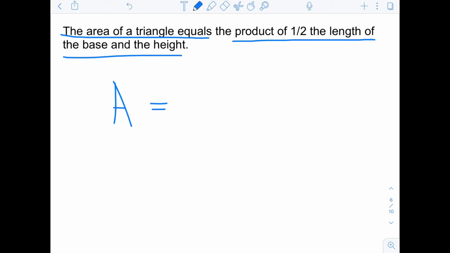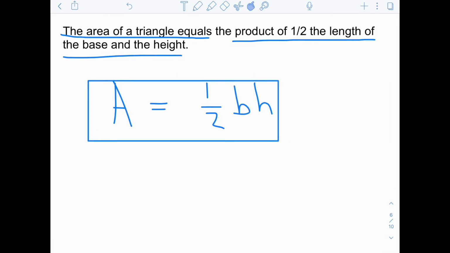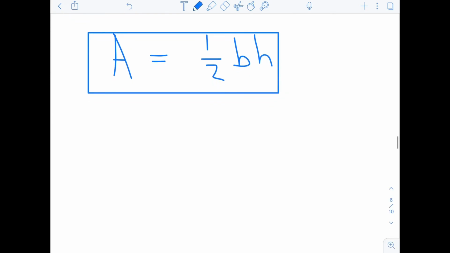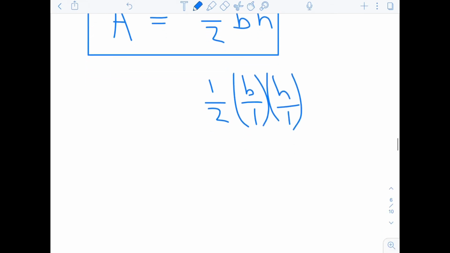Product means multiplication, so we're multiplying 1/2 by the base and the height. So BH. And that's it. You could also multiply the 1/2 out. You could write it as B over 1, H over 1, and multiply together and get BH over 2, which is the same thing.